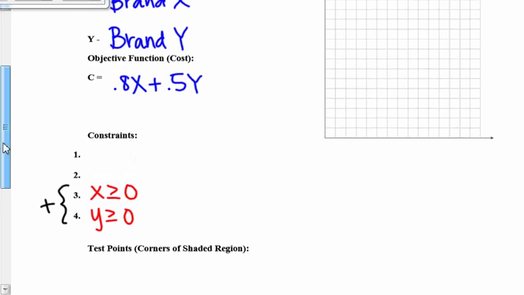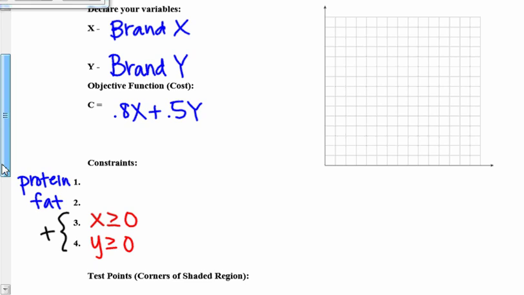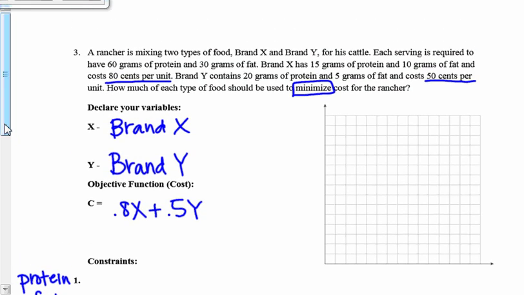All right, so let's focus on 1 and 2. One of them is going to have to do with protein, and one of them is having to do with fat. Let's look up here. It says that brand X has 15 grams of protein, and brand Y has 20 grams of protein. Now in my requirements, each serving is required to have 60 grams of protein.